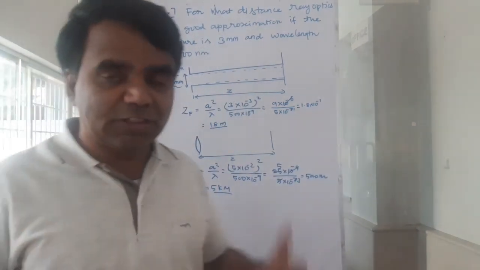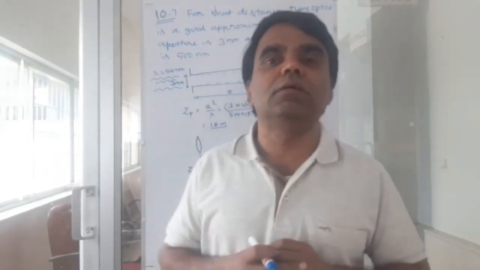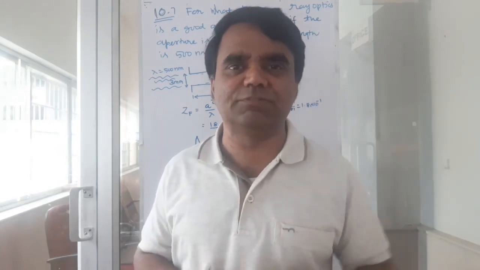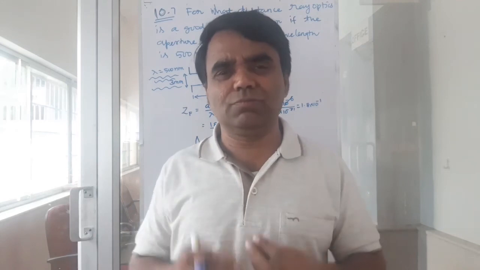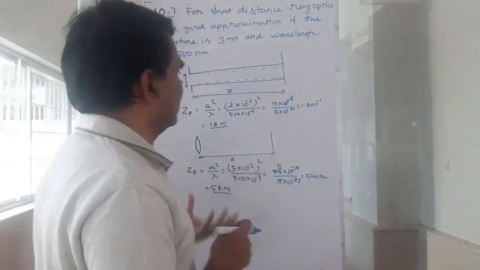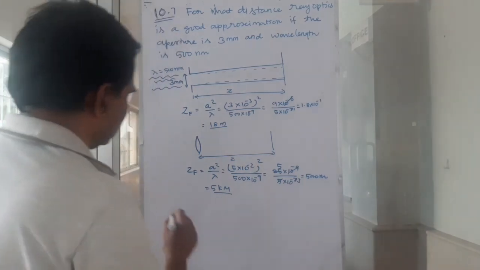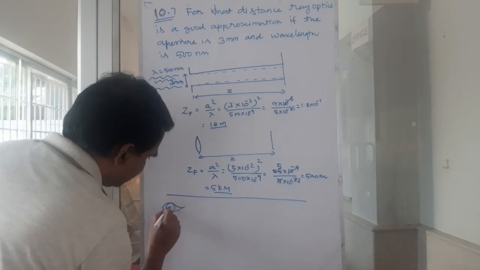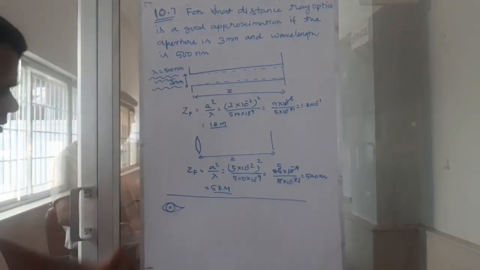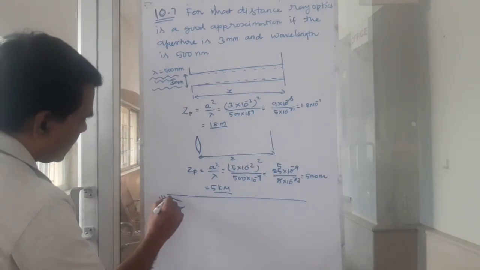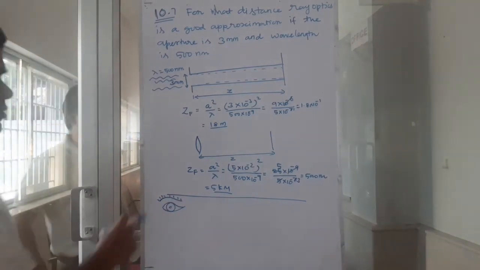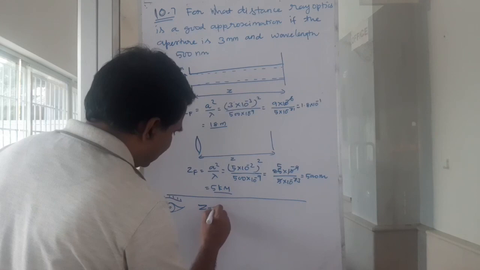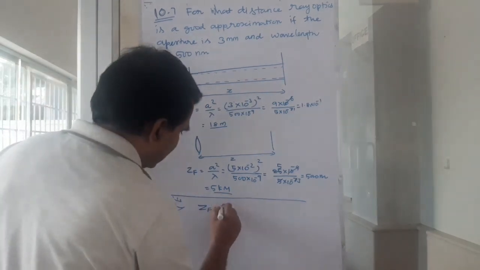Even if you take our own eye, for example, the size of the pupil is roughly about 1 millimeter or even 2 millimeters. Let's take this to be 1 millimeter. If I calculate the Fresnel distance of the pupil, we'll get a squared by lambda.